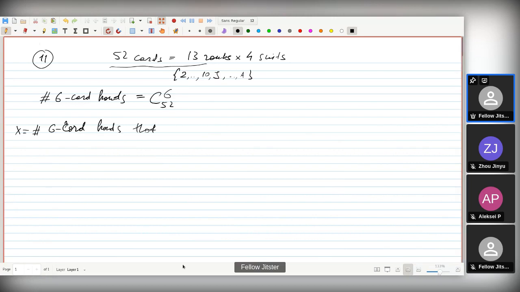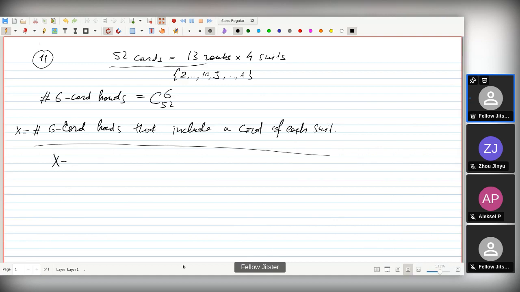And now we're interested in the number x of such 6 card hands that include a card of each suit. So we are interested in some set capital X. It consists of all such hands where there is a card of diamonds, a card of hearts, a card of clubs, a card of spades.